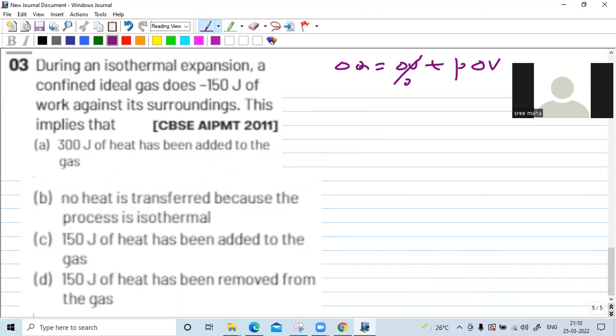It's not removed, it is transferred, because it is added to the gas. Basically, the magnitude of delta Q and P delta V should be the same. So 150 is removed from the gas.